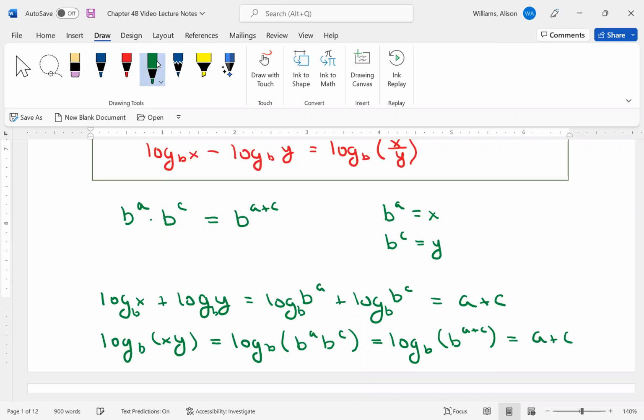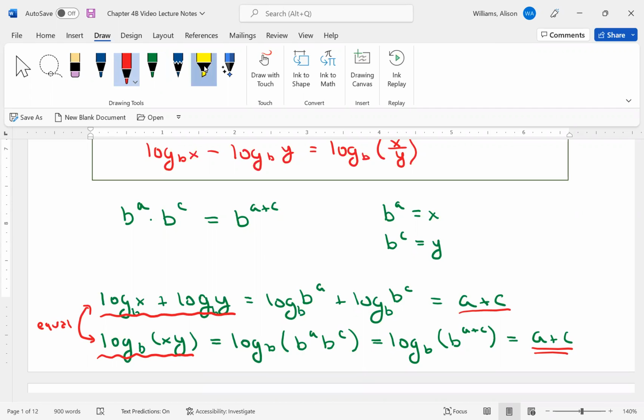Both of these are using the inverse properties. So what we have shown is that this ends up with a plus c, but so does this. So they're the same. They're equal. So that's one way to show that this property works out.